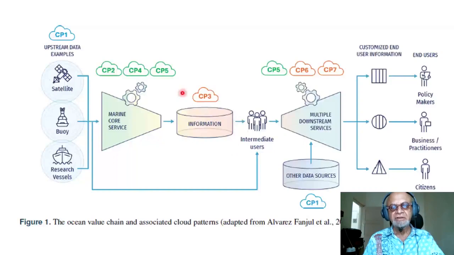We're just adding cloud patterns to it. CP3 to information, immediate users, CP5, 6, and 7 for the multiple downstream data services. There are other data sources also feeding into CP1, and then you are spitting out all your products for end users with customized end user information for policymakers, businesses, practitioners and citizens.